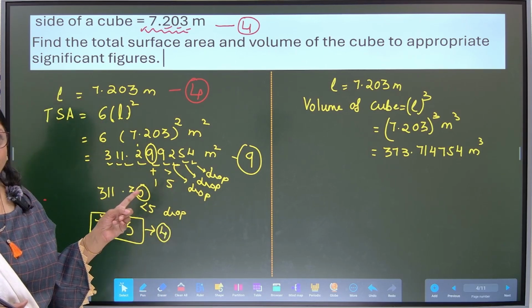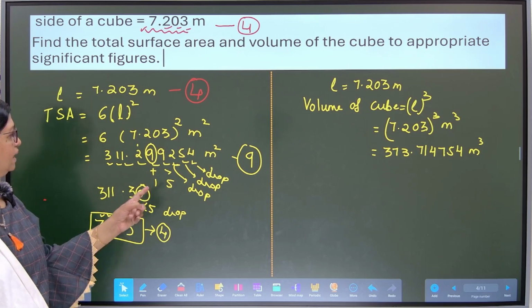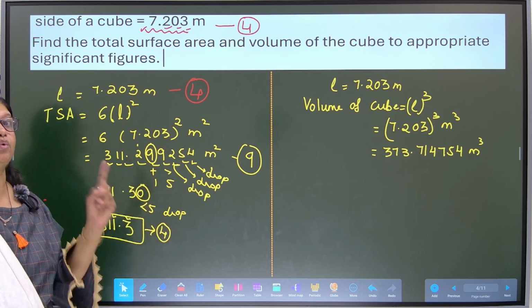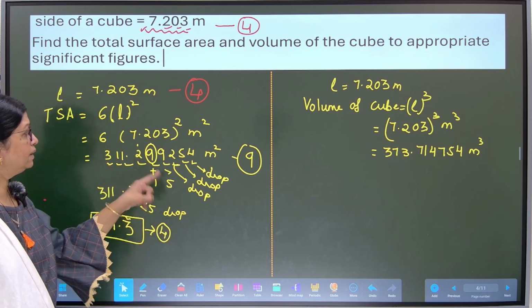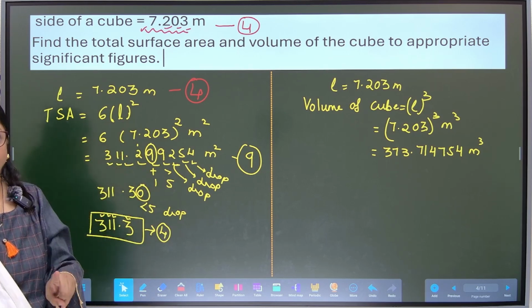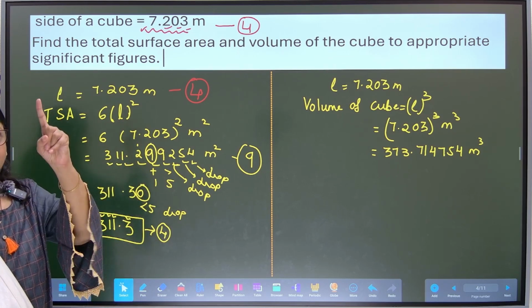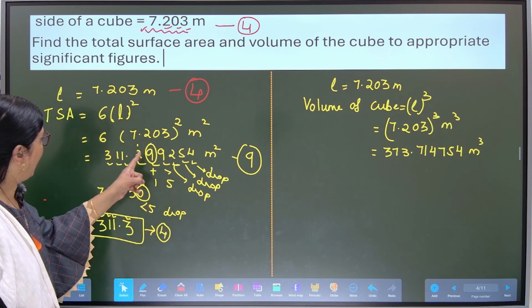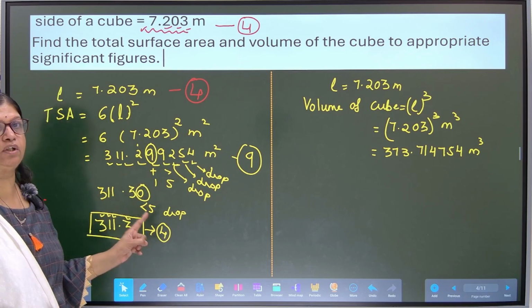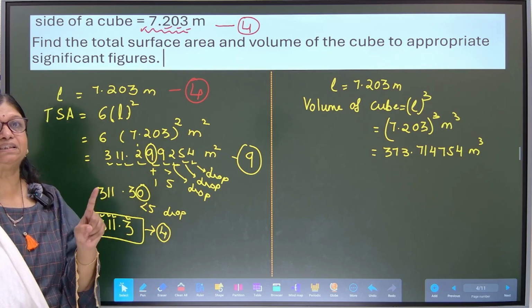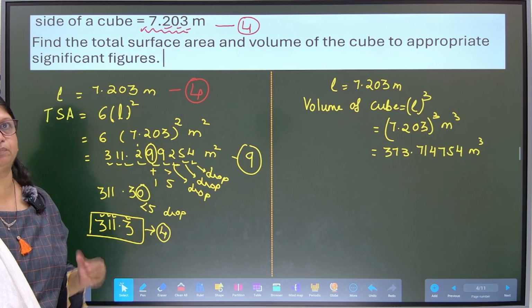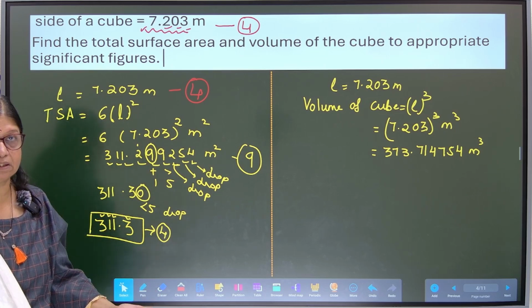Now I am left with 9. 9 is greater than 5, so I should go to the previous digit. That is also 9, so I should add 1 as per rule 1 which we learned just now. When I added 1, I get 311.30, which has 5 significant figures, but I want 4 significant figures.